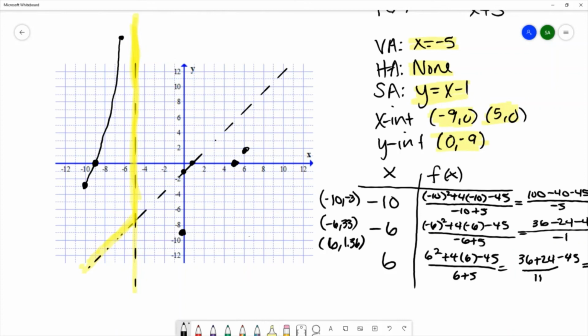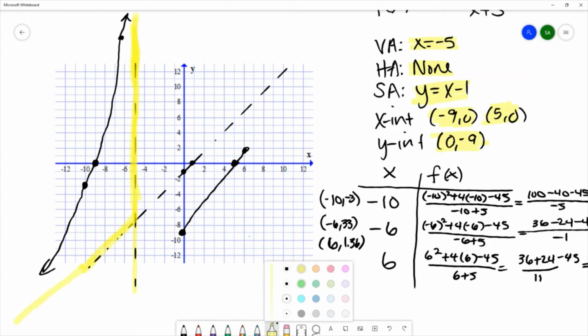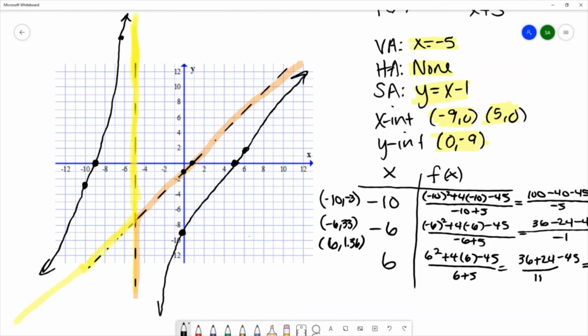So the graph will get closer to this vertical asymptote and closer to the slant asymptote. And then over here, these 3 points will connect to each other, but it will be fenced in by this slant asymptote and this vertical asymptote here. So it's going to start following the slant here and start following the vertical asymptote here. And so we have our graph.